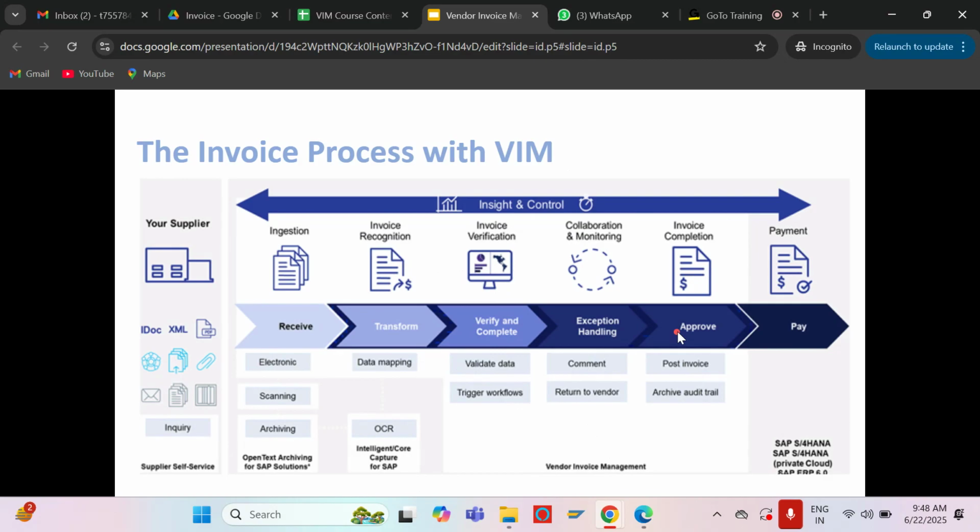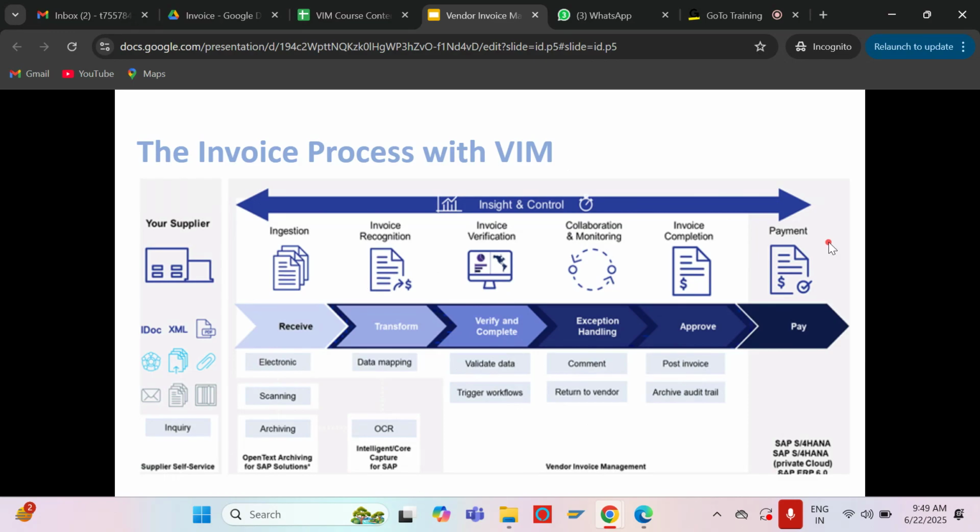We will see all those details, but once the invoice is approved, it will be released for payment in the SAP side. So this is basically the process which happens with the product VIM when you are receiving any of the vendor invoices.